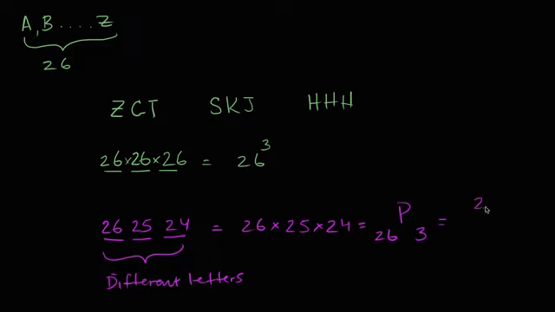And if we just blindly apply the formula, which I never suggest doing, it'd be 26 factorial over 26 minus 3 factorial, which would be 26 factorial over 23 factorial, which is going to be exactly this right over here, because the 23 times 22 times 21 all the way down to 1 is going to cancel with the 23 factorial.